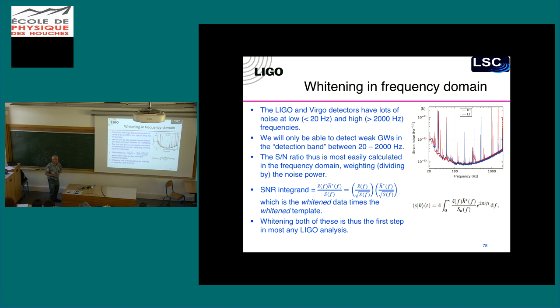Although good physicists are both experimentalists, instrument builders, and data analysts, astrophysicists, in reality, most people in the LSC and Virgo also are more one than the other. Data analysts have no problem thinking about whitened data and whitened signals. Instrument scientists go, what is this whitening thing you guys are talking about? I don't know what it is, and I don't want to know what it is.